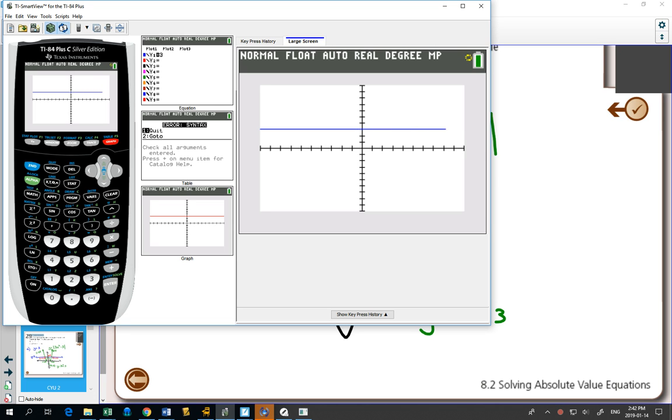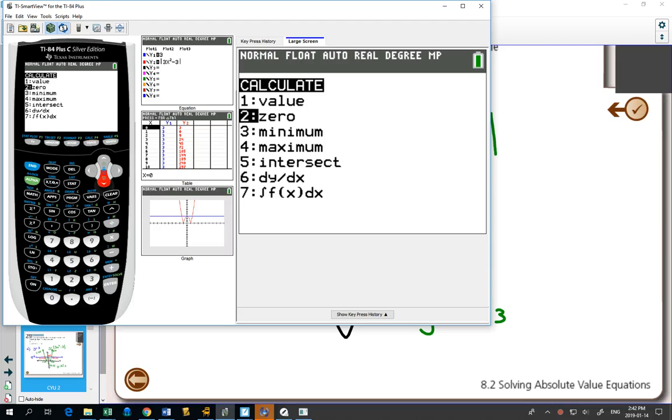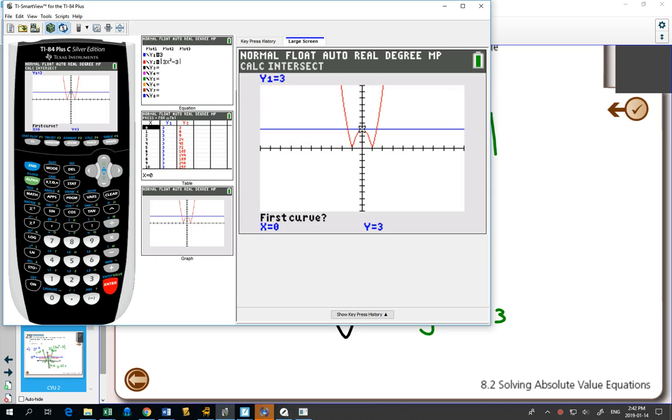So what you can do on your graphing calculator is you can go second, calculate, find out where they intersect. It will always find the intersection closest to the cursor. So I move my cursor over there, push enter, enter, enter, and it is 1.41.